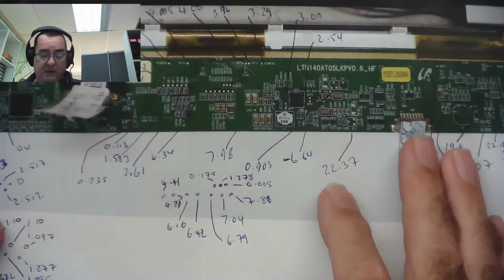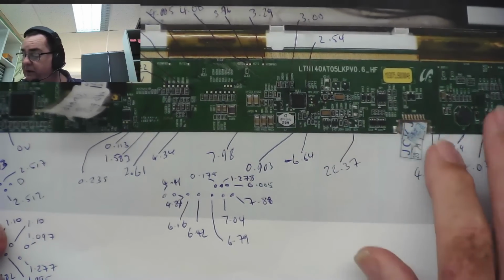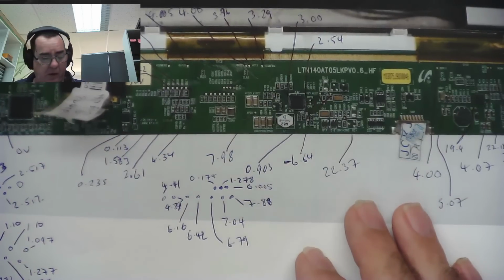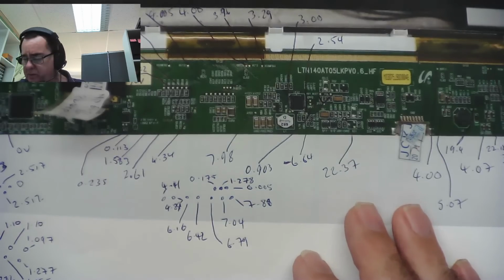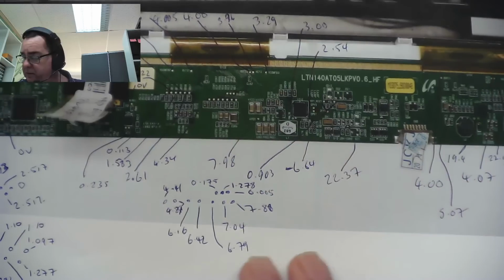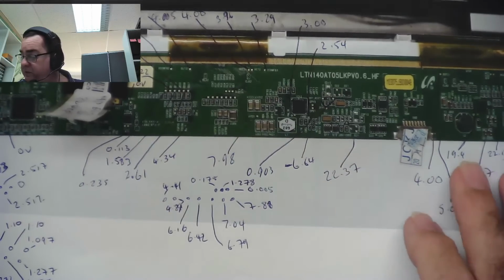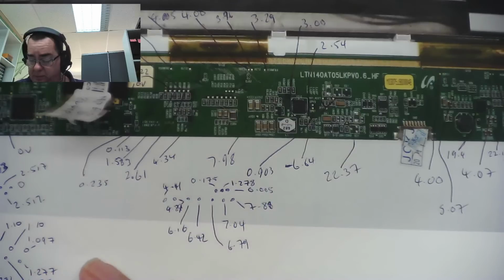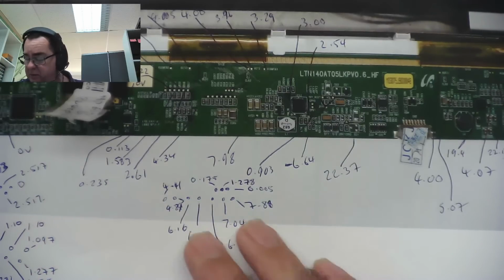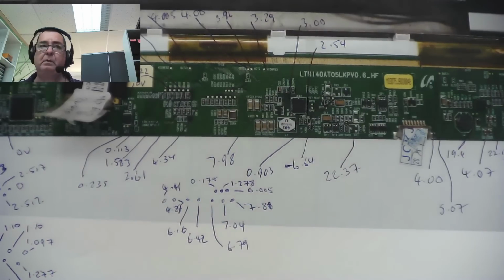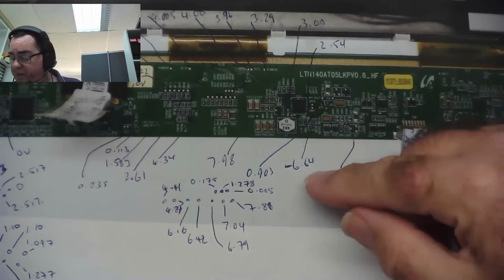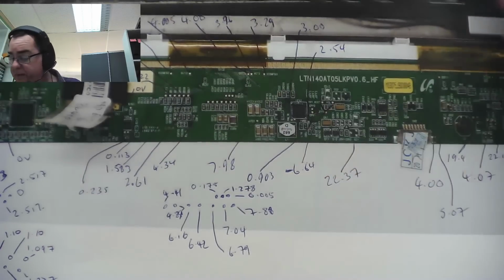But I had a look through all this lot, and I couldn't really see any voltages that are 16 or 10 or in that region. There's some higher, 22, 19, but all the rest are below about 6. So I suspect those voltages aren't on these test points, they're here somewhere, apart from maybe VGL, possibly that one.